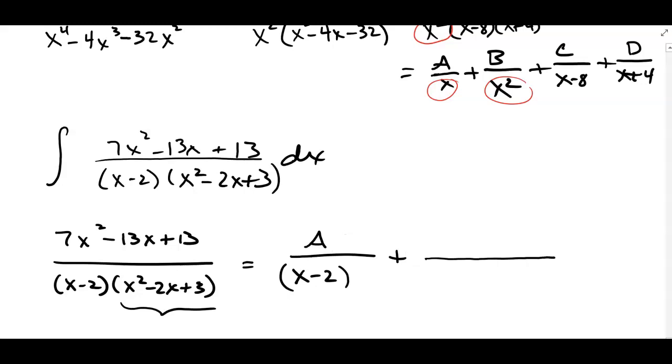So what that means is if our factor is an x squared term, then we need an x term. So we have an A, we're still going to have a B and a C. So we write that as Bx plus C.